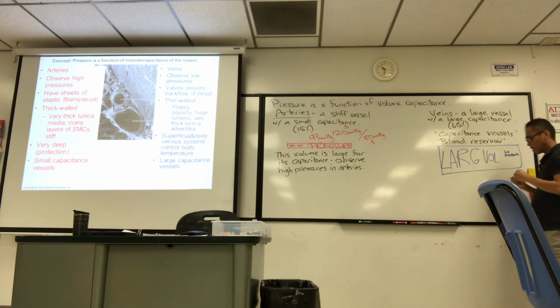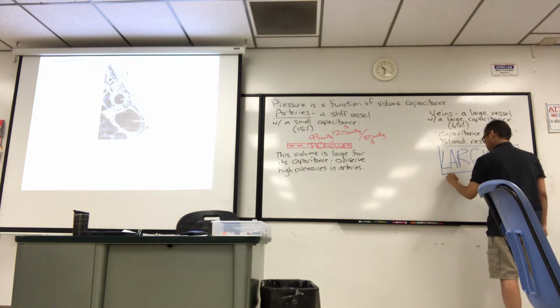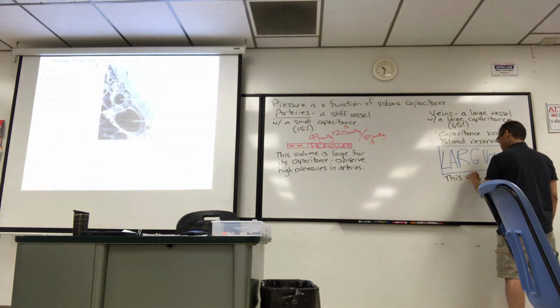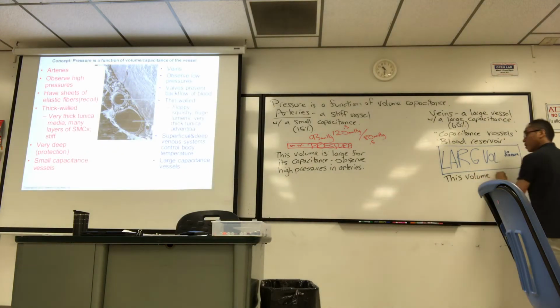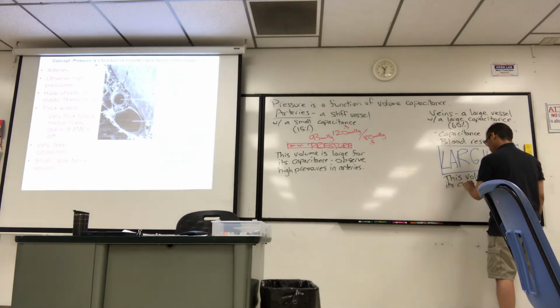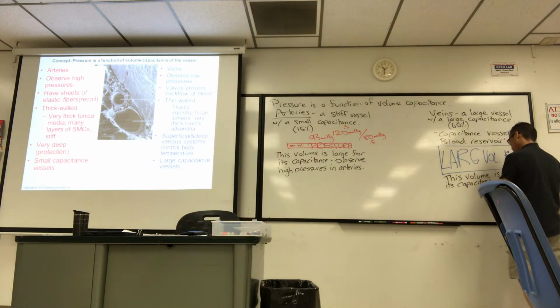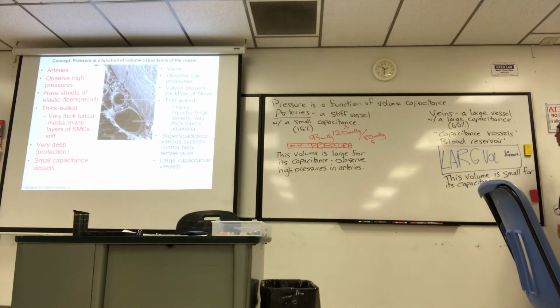Let me write that statement out. So this large volume, percent, is small for its capacitance. So we observe low pressures in veins.